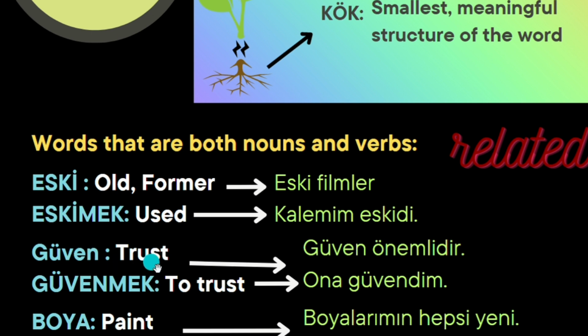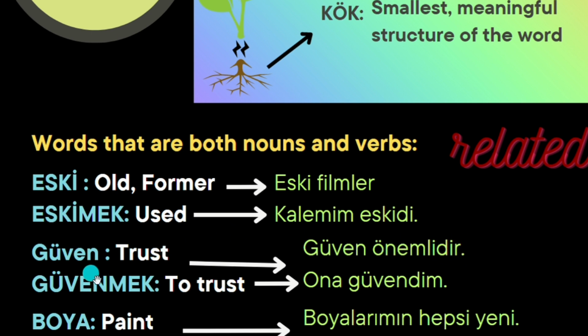And our other verb is güven. Güven means trust as a name, as a noun form. For example, güven önemlidir. Güven our noun. Önemli means important, and this is like is, as trust is important.